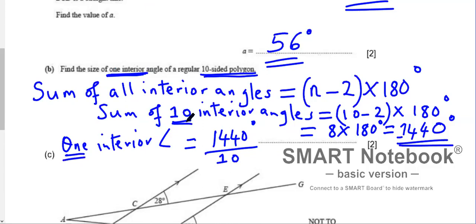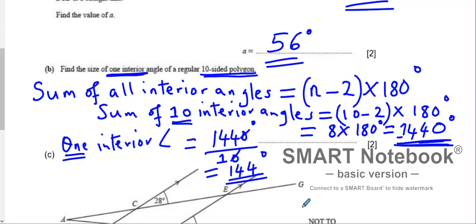So 10 interior angles add up to 1440. How about one? So you simply divide this sum by 10. So in that case, you end up getting 144 degrees. That is your final answer.